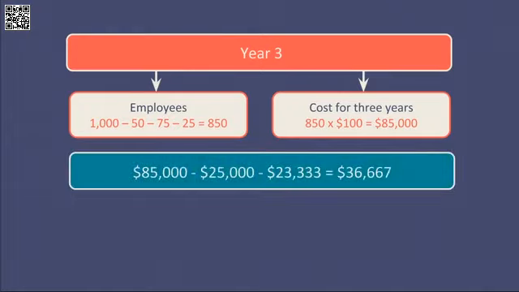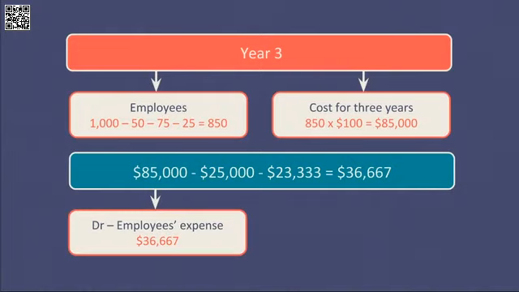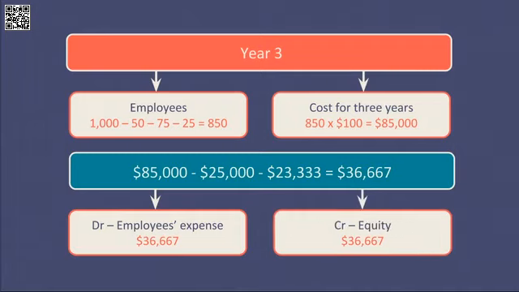Deduct the amounts already recognized. $85,000 less $25,000 less $23,333 equals $36,667. Debit employee expenses $36,667. Credit equity $36,667.